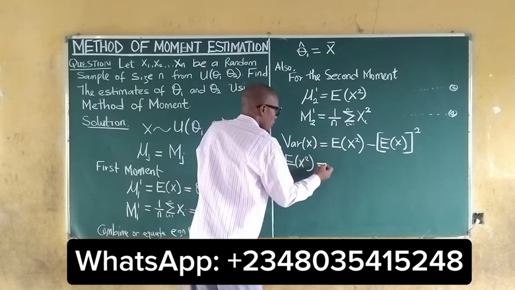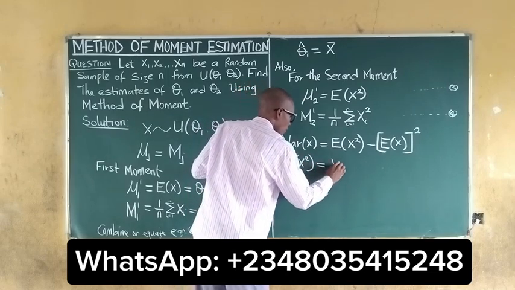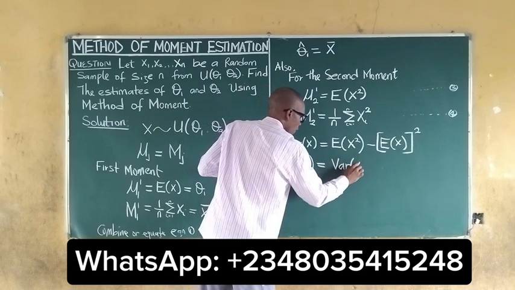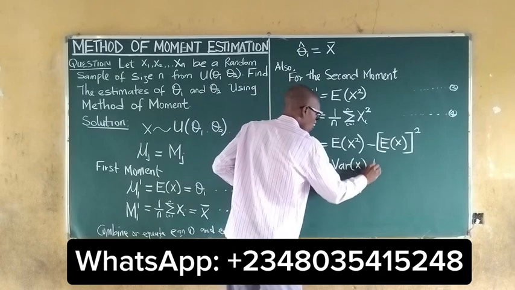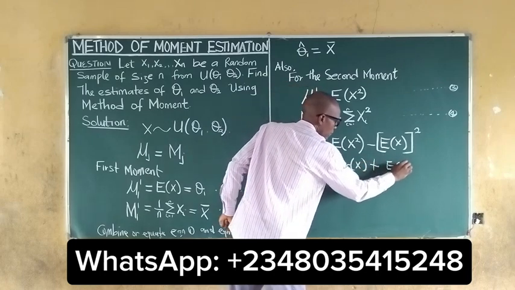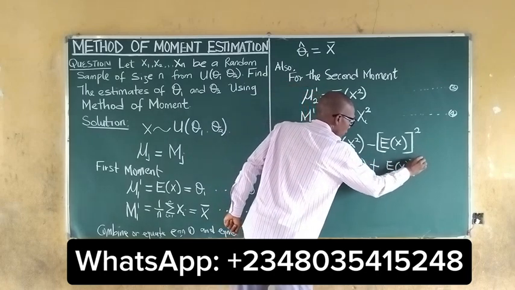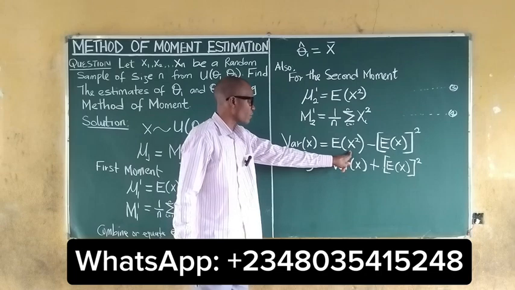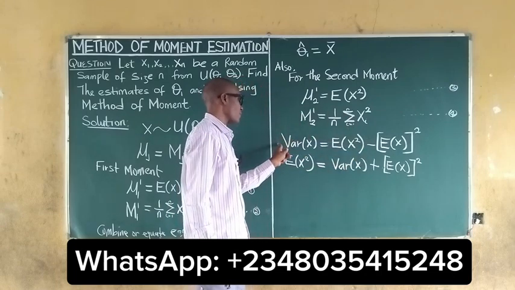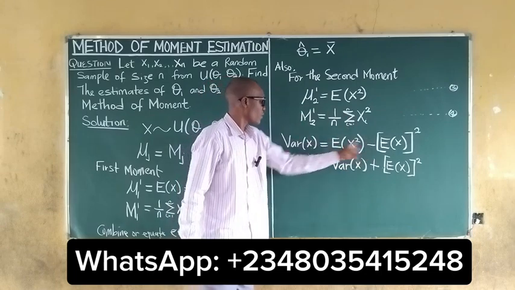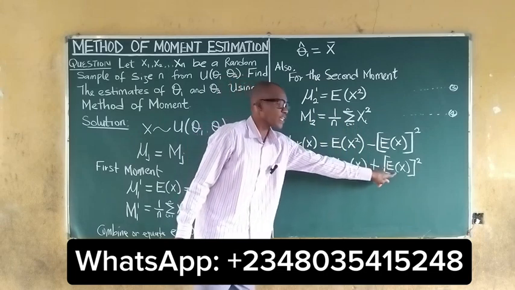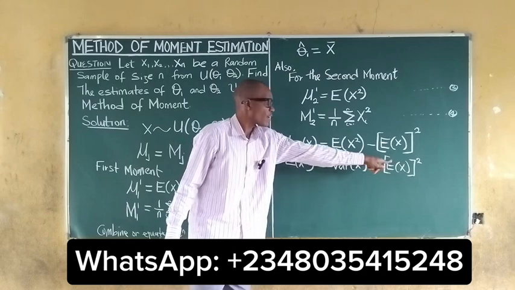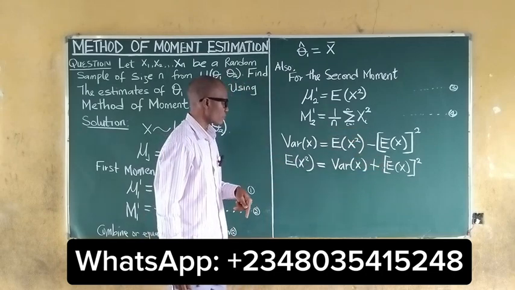We have the expected value of x squared to be variance of x plus the expected value of x all squared.